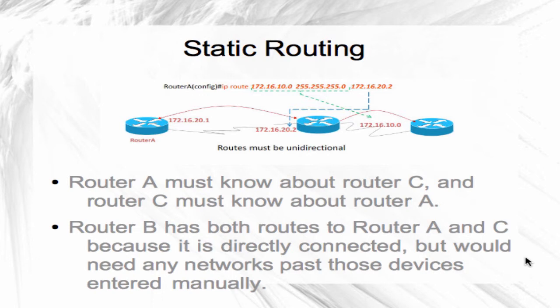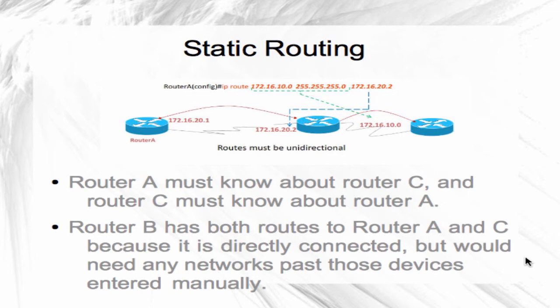On the diagram here it shows router A config in global config. So we would type in IP route 172.16.10.0, which is the subnet between router C and router B, the subnet mask, which is 255.255.255.0, and then the next hop.